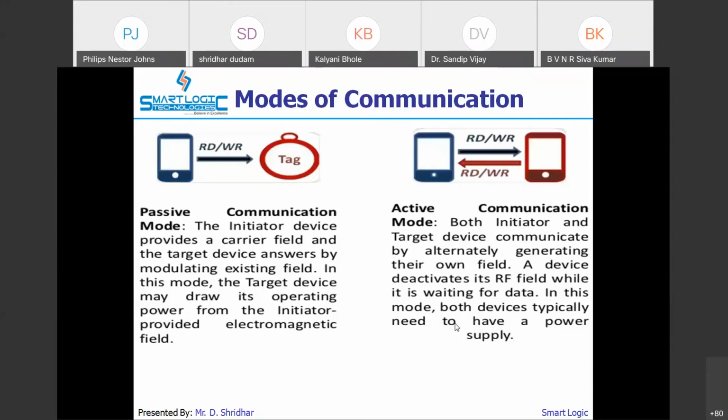So it's two-way communication, whereas in passive communication, only one-way communication is there. That is again the capability of your device. If you talk about wearable technology, the wearable device is always a tag, so it will only support passive communication, not active communication. If you want to go for active communication, obviously the size is going to be bigger and the cost is also more.